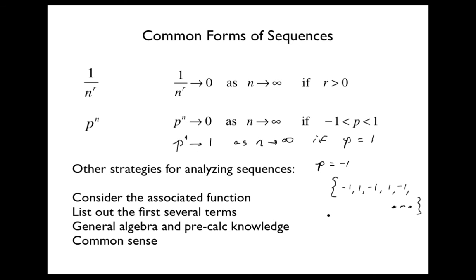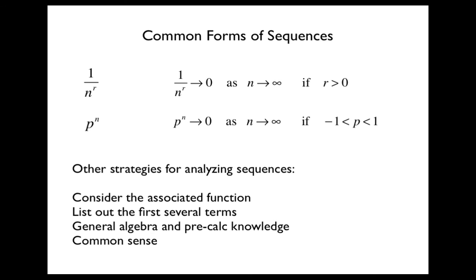Okay, so we've got these two basic forms of sequences, 1 over n to the r and p to the n. Now you're going to be analyzing sequences for convergence or not. There are other things you have to consider. Here are some other strategies. Consider the associated function.